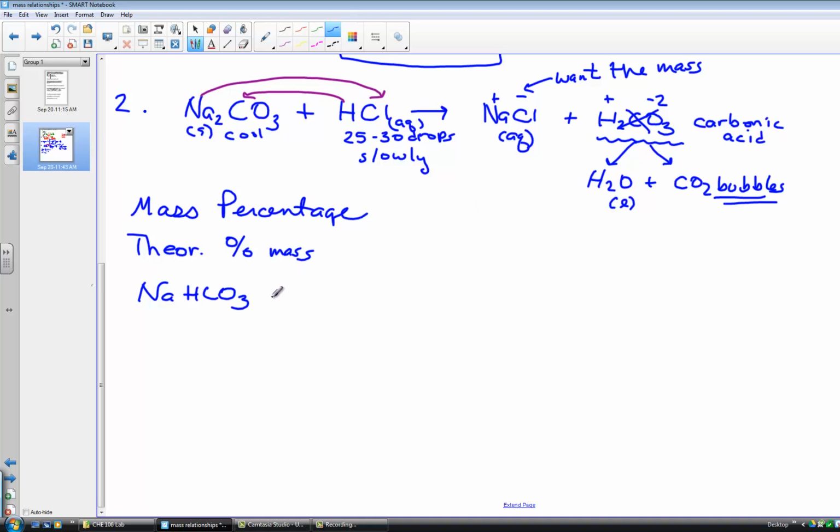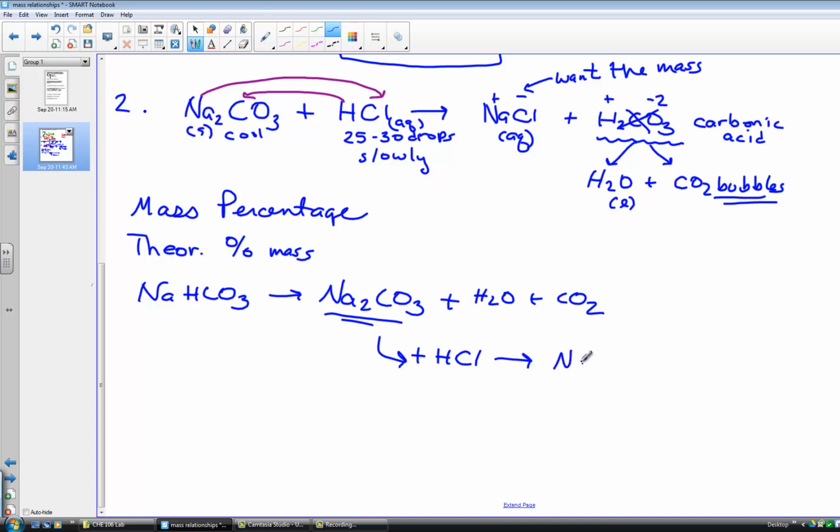Alrighty. And so if I think about the overall reaction, we all started with a sodium or potassium carbonate, and then went on to produce water and carbon dioxide. Starting with the sodium carbonate, for this particular reaction, we went on to add the acid, and out came sodium chloride, carbon dioxide, and water.